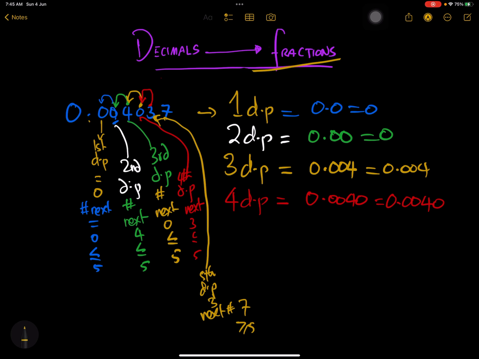So we're going to add 1 to this fifth decimal place, so that our fifth decimal place is going to be 0.00404, because this 7 is more than 5. So add 1 to the 3, and that gives us our fifth decimal place. So this is 1, 2, 3, 4, 5. And 1, 2, 3, 4: 4 decimal places. 1, 2, 3: 3 decimal places. 1, 2: 2 decimal places.